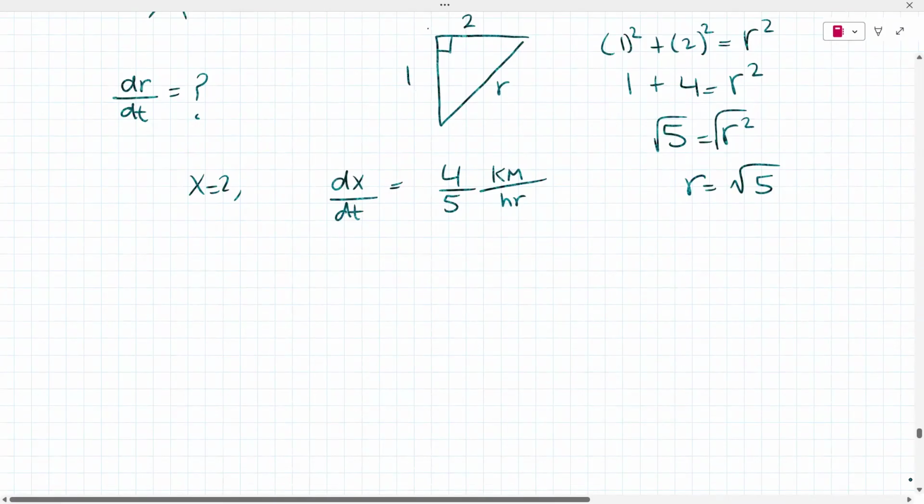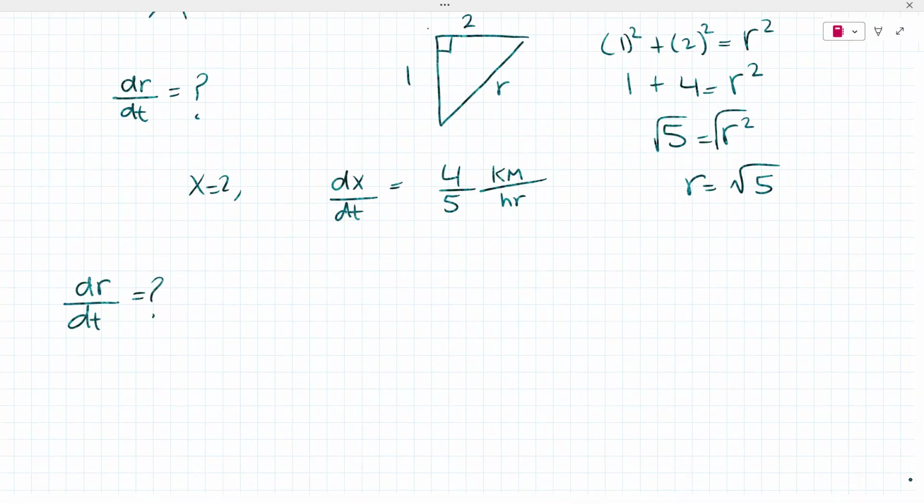What we need to find is dr/dt. We kind of have a circle, so we're doing some kind of implicit differentiation, and our other equation is going to be x squared plus y squared equals r squared. This is your x, this is your y, this is your radius.